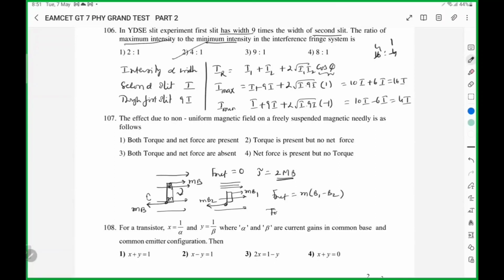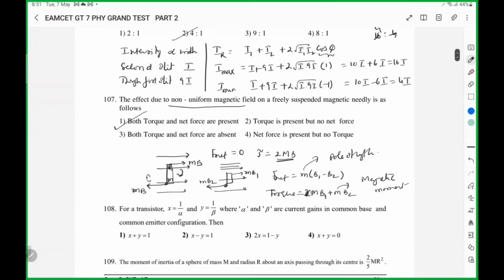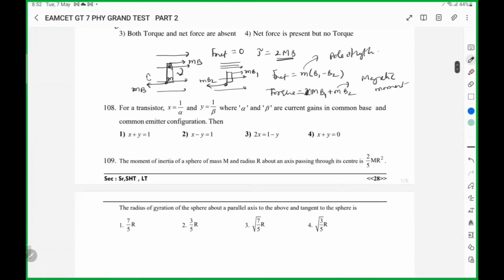There is a torque also, that is M into B1 plus MB2. Here capital M stands for magnetic moment and small m stands for pole strength. So both the torque and net force are present once the field is a non-uniform magnetic field.